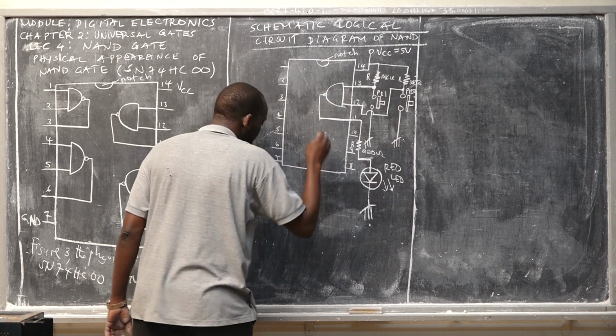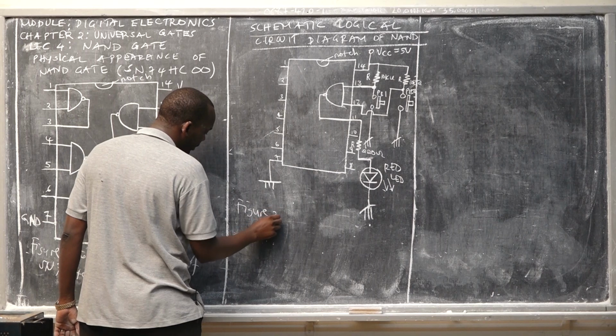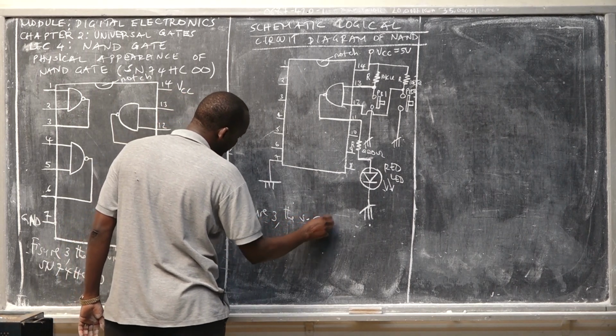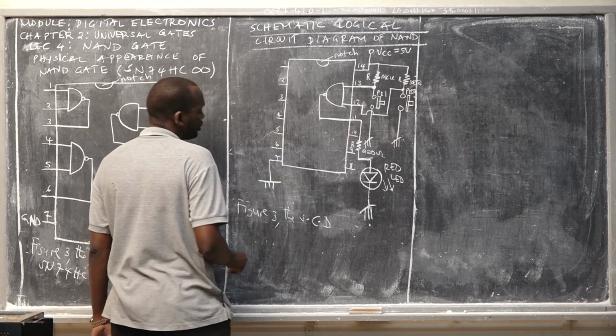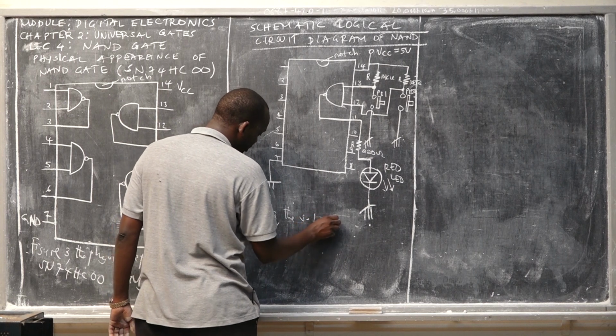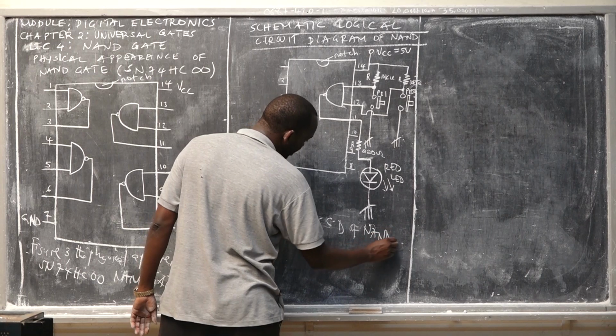So now this is the schematic circuit diagram. Let us label it first and then explain how it works. Figure 3, the schematic logic circuit diagram of 7400 NAND gate.